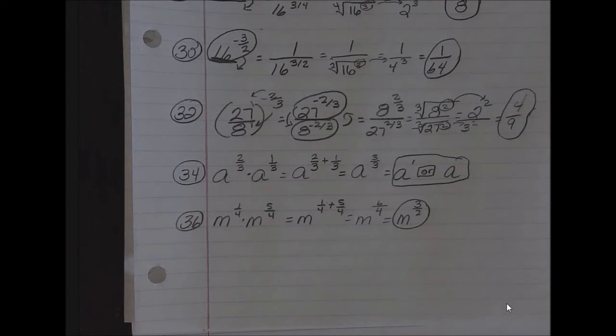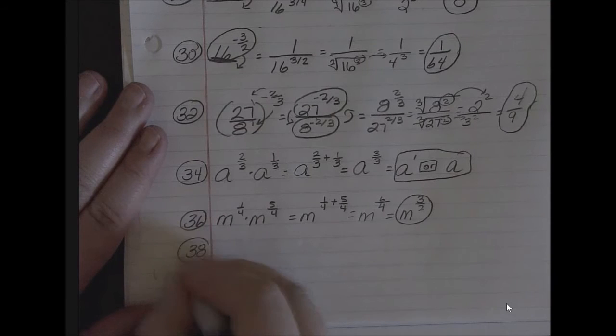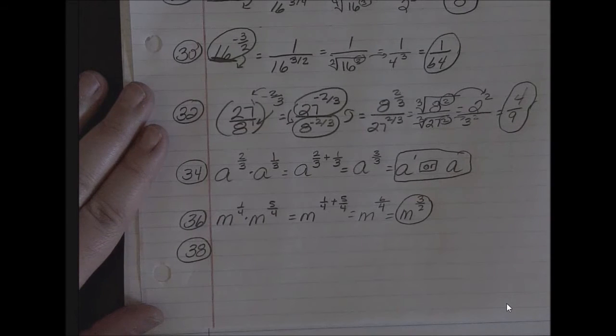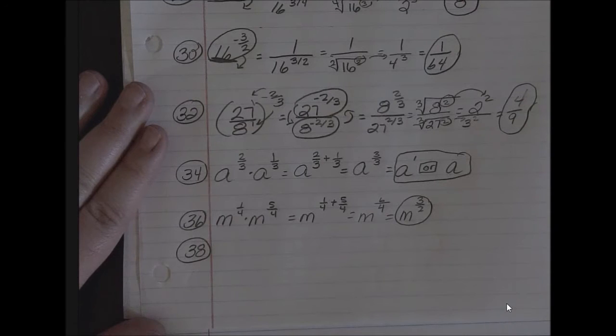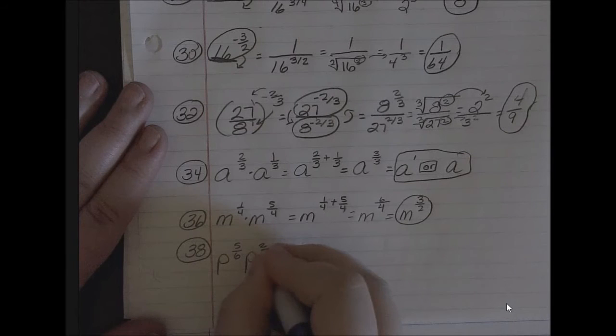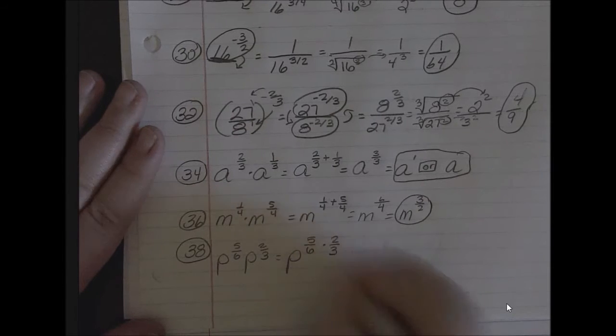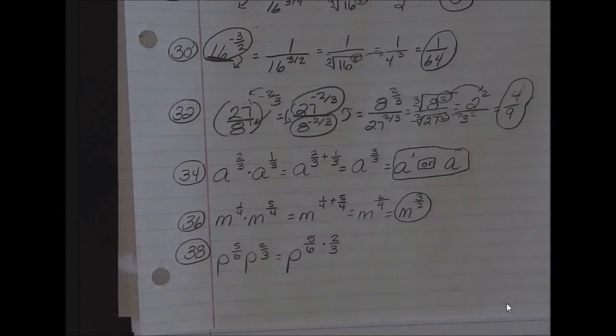Now number 38 is different. On number 38, we have p to the 5 over 6 times p to the 2 over 3. What you might notice here is that we don't have a common denominator, and that is the golden rule when you are adding or subtracting fractions. The common denominator between 3 and 6 is going to be 6.